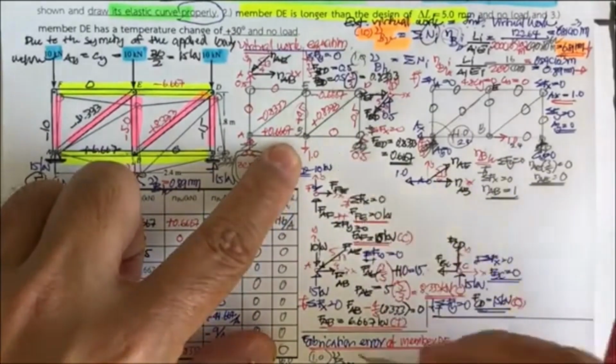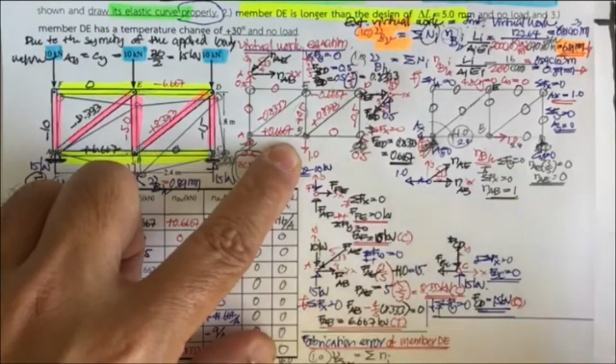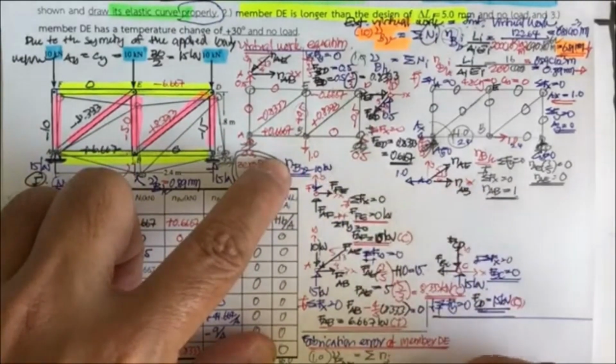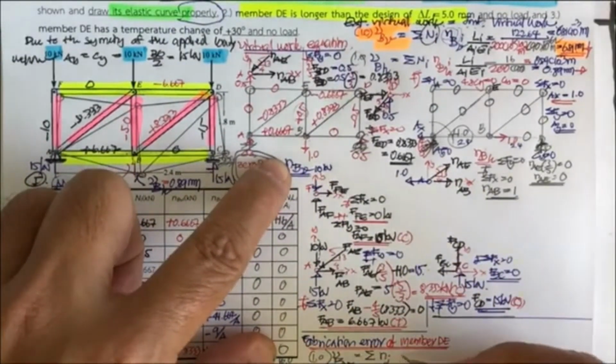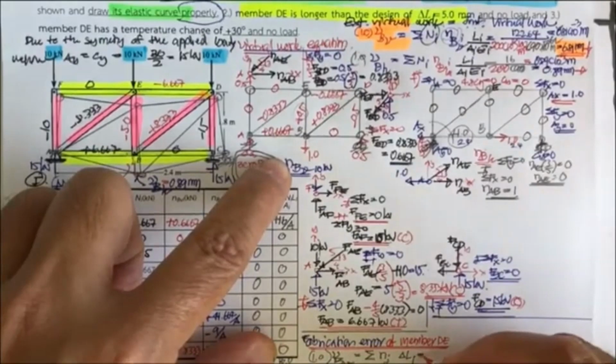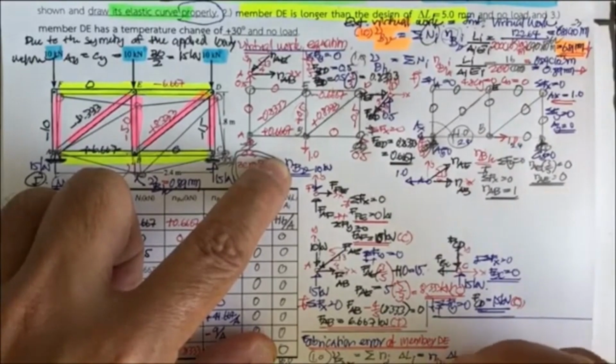And then this is going to be equal to the summation of n sub I, n sub BVI, and then it's going to times the delta L I. By using this, it's going to be what? The delta L of the member DE. So it's going to times N of the member DE.